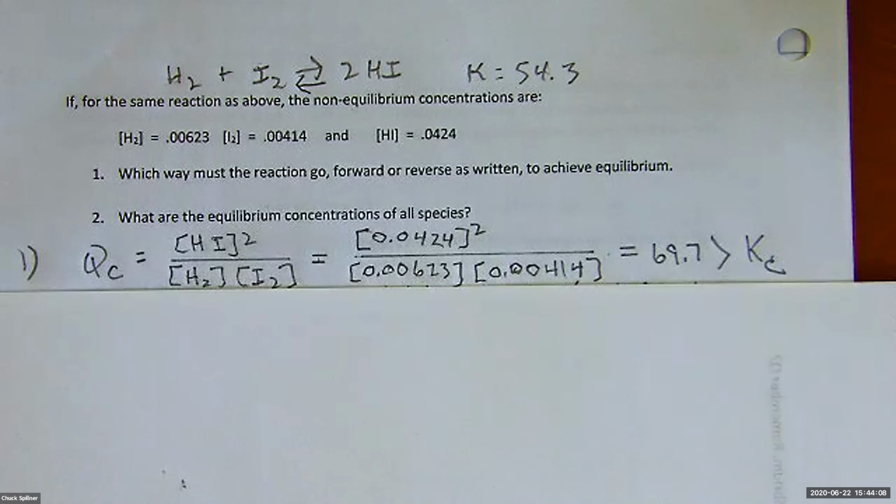So this reaction is going to have to shift left. It's going to have to go in the reverse reaction to reduce product and increase reactant. So that tells us how to set up our ICE table. We're going to subtract some concentration from the product and add it to the reactants in our ICE table.